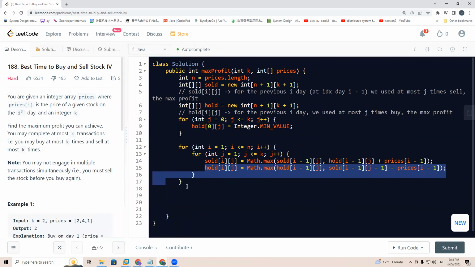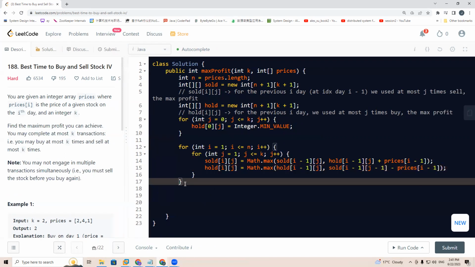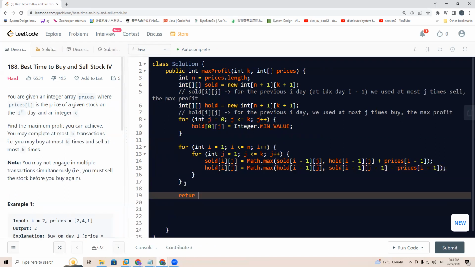In the end, what we need to return is sold at the end state and also k, right? So the end state with at most k transactions.